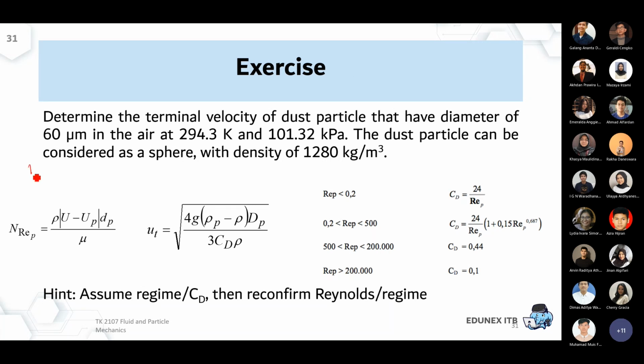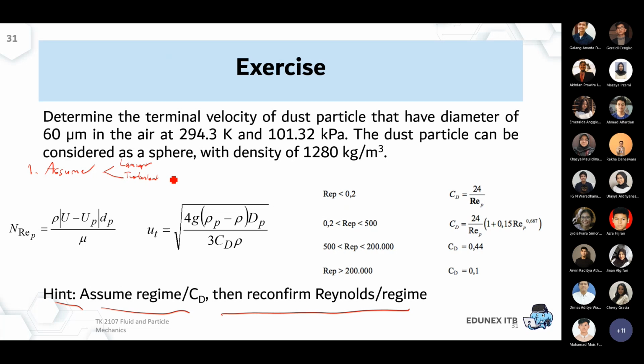Again, the first step is assume. That's the hint. Assume the regime and then reconfirm the Reynolds regime. You can start by assuming it's laminar, that's fine. If you want to start by assuming a turbulent regime, that's also fine.